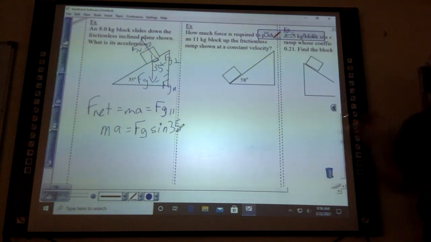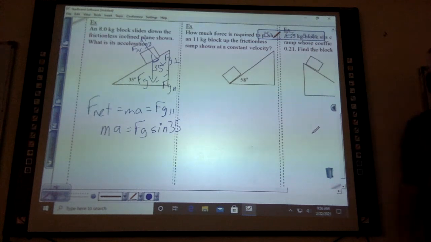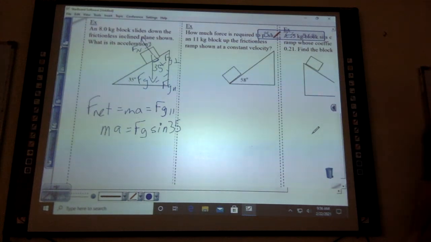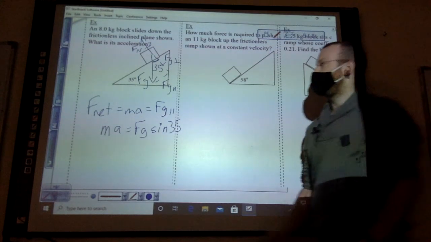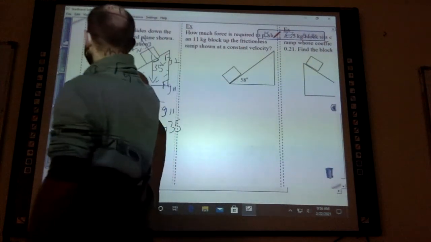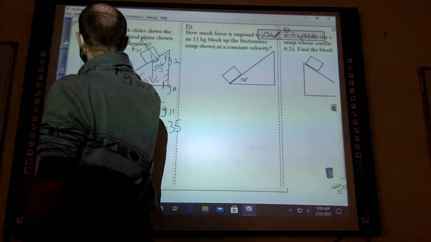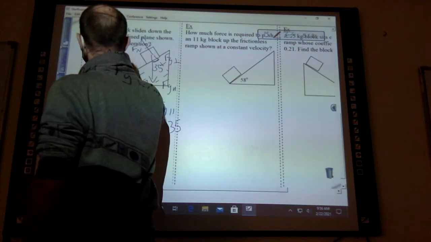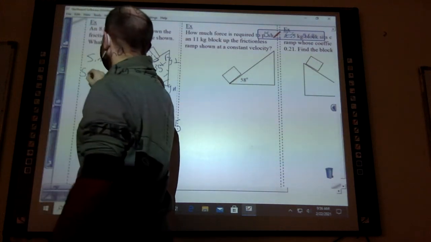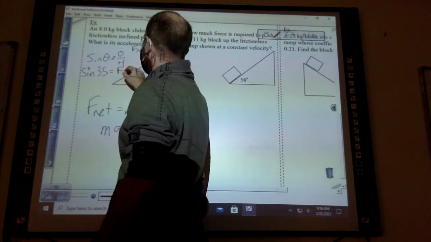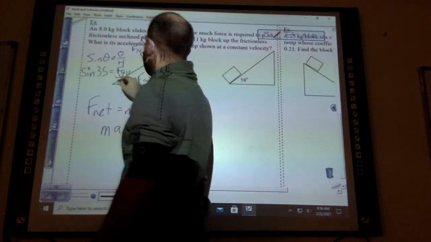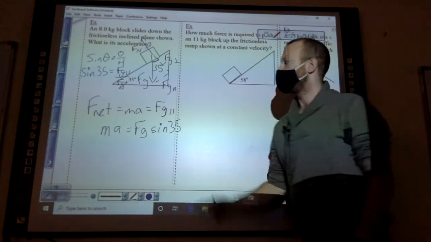Again, I'm just assuming you know I'm using SOHCAHTOA. I took that equation and just rearranged it, of this, to this.